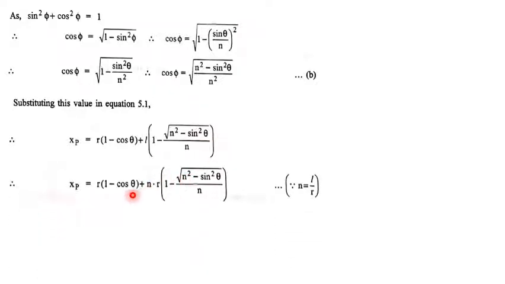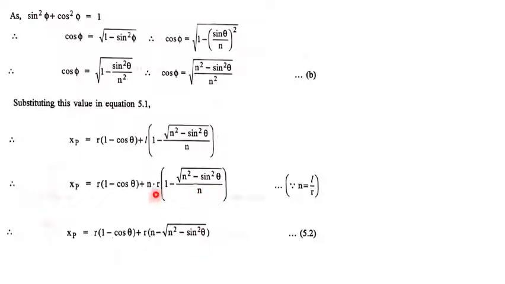So r into 1 minus cos theta, I'm writing as it is, plus, in place of L I can use n into r, because I know the obliquity ratio n is equal to L by r. L can be written as n into r, therefore in place of L I'm substituting n into r. The rest is as it is from the previous equation.